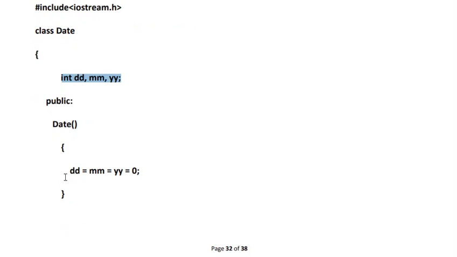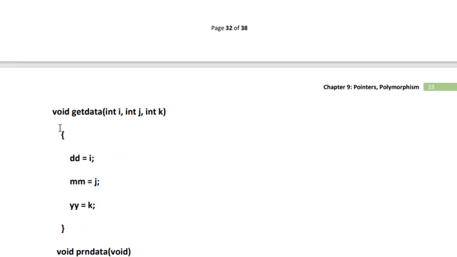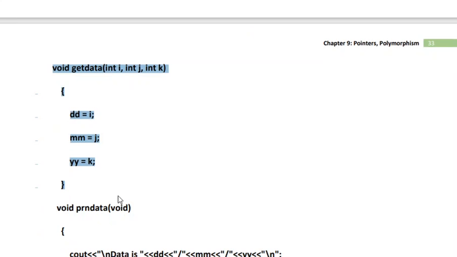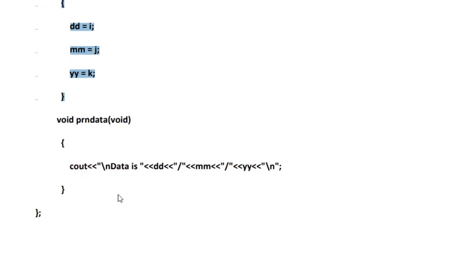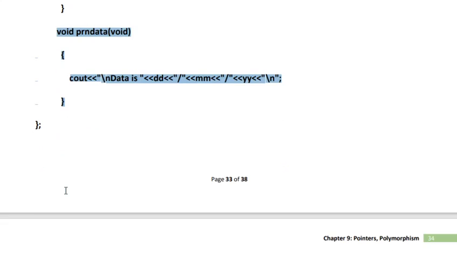The data members are dd, mm, yy, and then we have a constructor that is capable of initializing dd, mm, yy to 0. Then I have a member function void getDate that initializes dd, mm, yy with the values you want to assign to the day, month, and year. After that, you have printData that is capable of printing the value of the date, that is, in terms of dd, mm, yy.